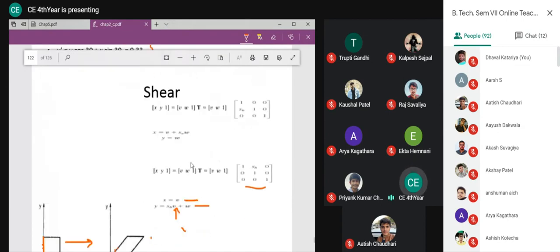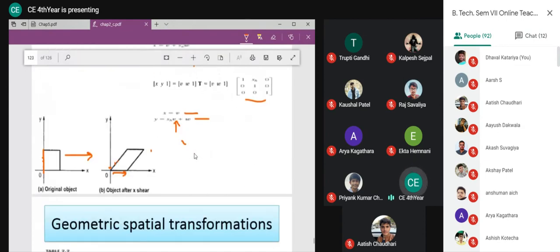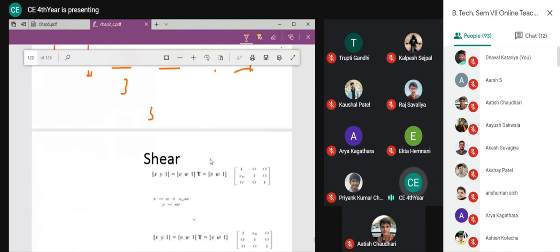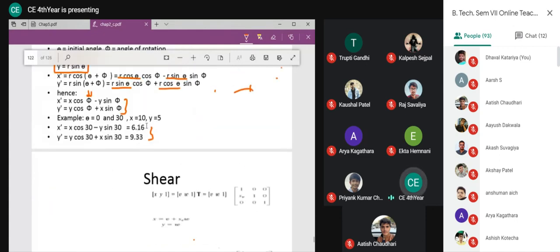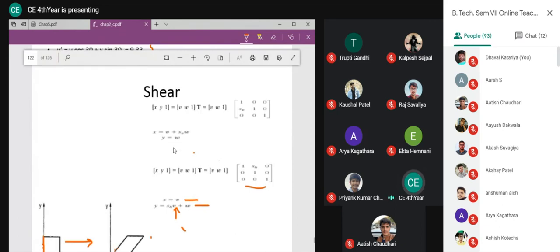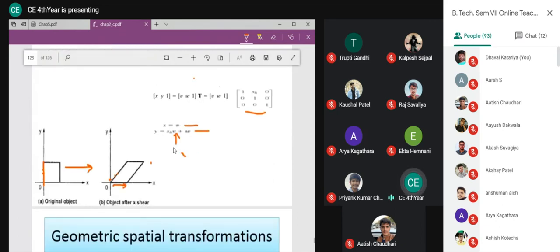It is possible that for some of the pixels you will not get values, not necessarily for all the pixels. Because of rounding off, because of digitization and all those issues, the coordinate value may actually be 6.16, but we cannot have 6.16 as a coordinate, so I am going to keep it at 6. Because of rounding off and the limitation of integer numbers, we will not have a value for some of the pixels. Some of the pixels will be void.